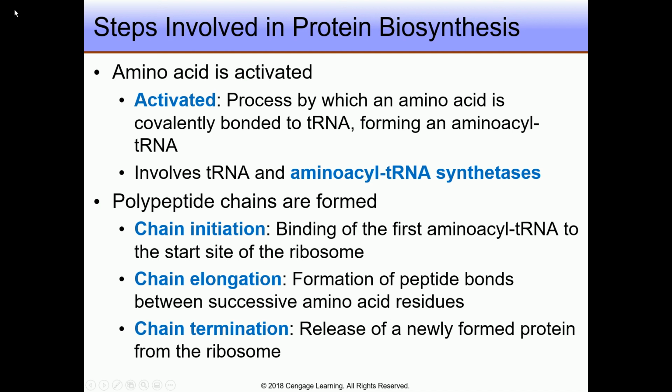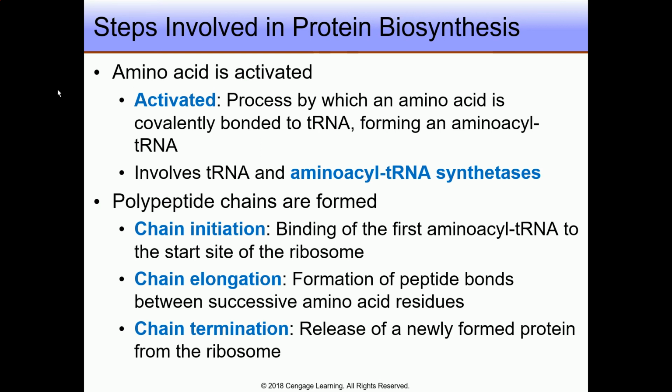First of all, the transfer RNAs, which I just mentioned. Transfer RNA is that RNA which is responsible for transferring the amino acids, and these amino acids then form peptide bonds and form the polypeptide chain.